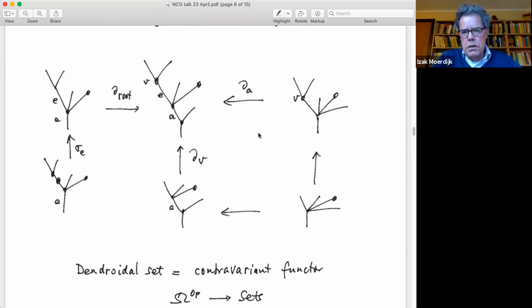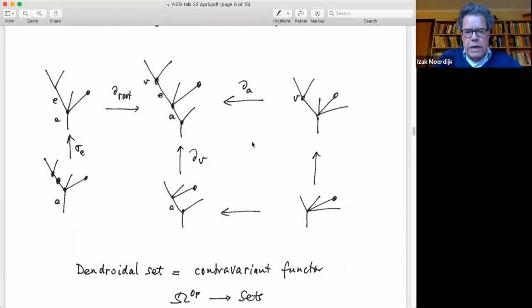Now this A is an inner edge. I can contract the edge A and I get this picture of the tree. You just contract this edge, and there is a morphism in this direction, if I didn't make a mistake in drawing the picture. You can also chop off an outer vertex.